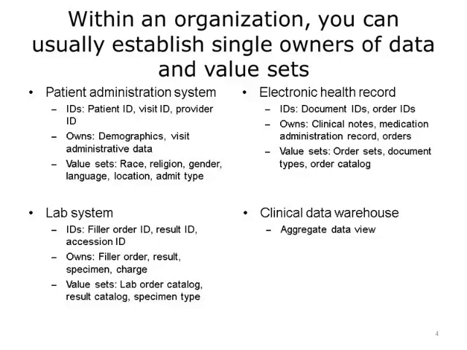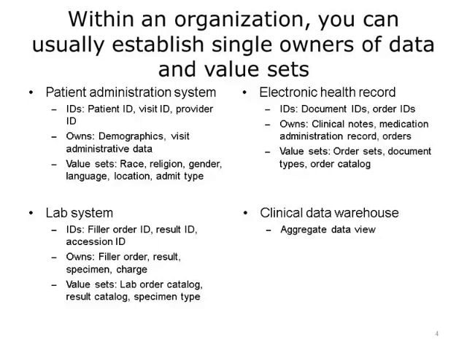The admissions office might also have some value sets that they are responsible for, such as admission types, for example, inpatient, emergency, ambulatory. If admission types are changed, the changes must be done on the patient admission system. The electronic health record, the system used by the clinicians, would own data that clinicians collect.